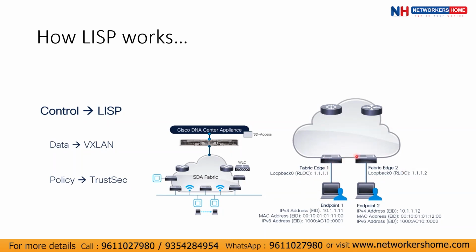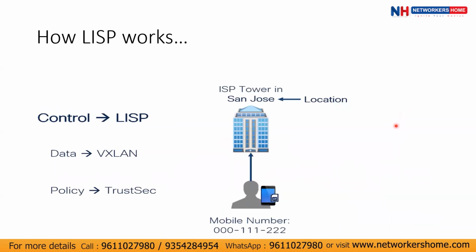Okay, thanks, sir. Now let's dig deep into the actual terminology in case someone has not understood the concept: why we are using this separation, why we want to have identity separated from location. If you consider our mobile network, we have our phone number, which is mentioned here, and we have our tower location from where we are getting the signals.